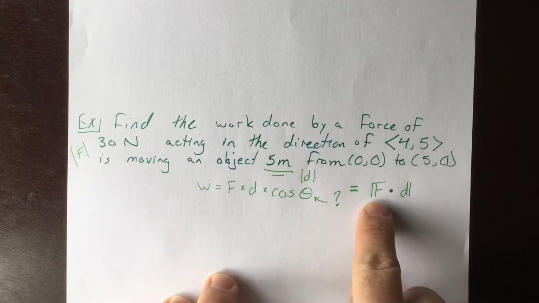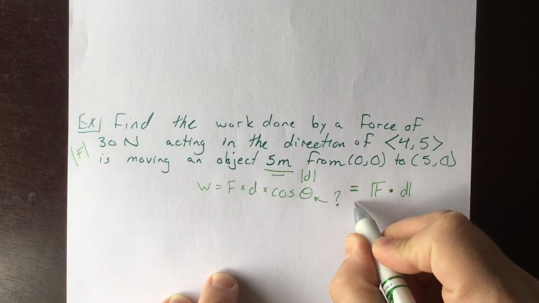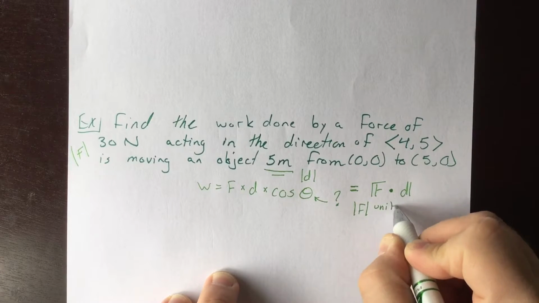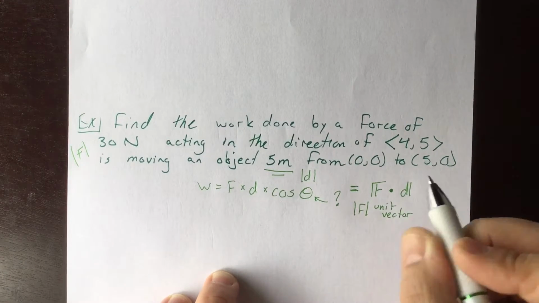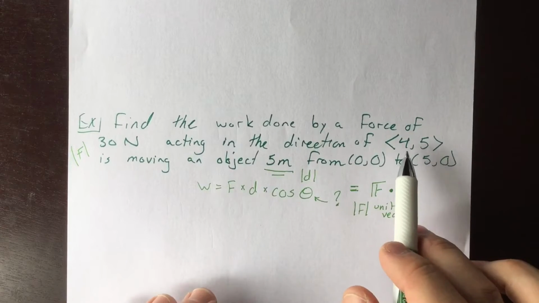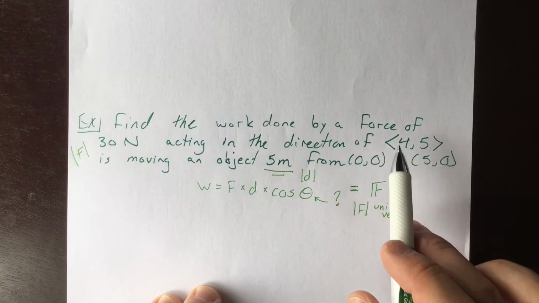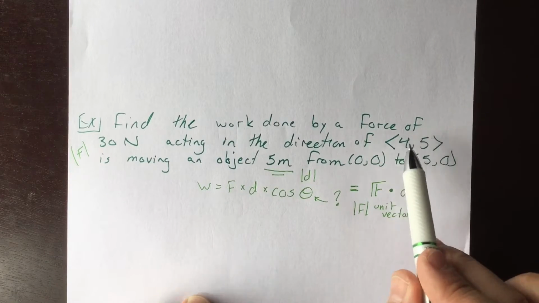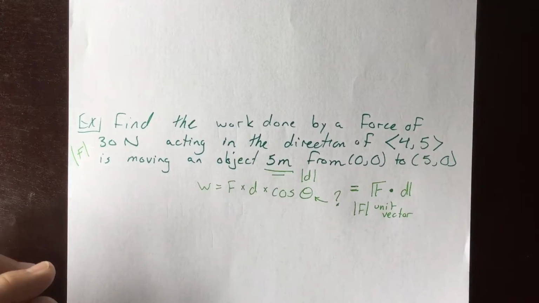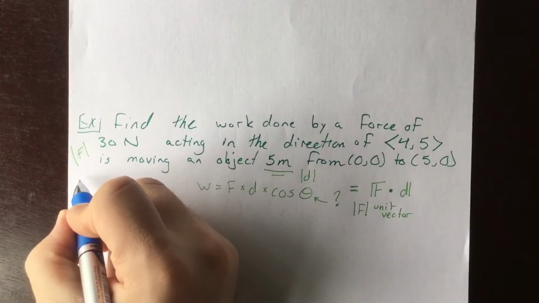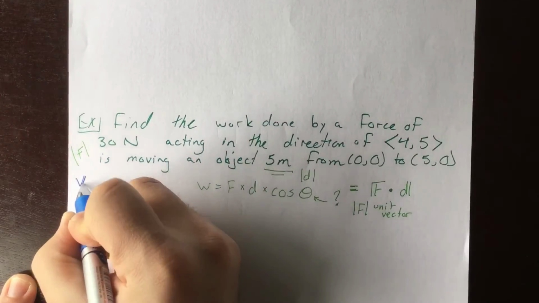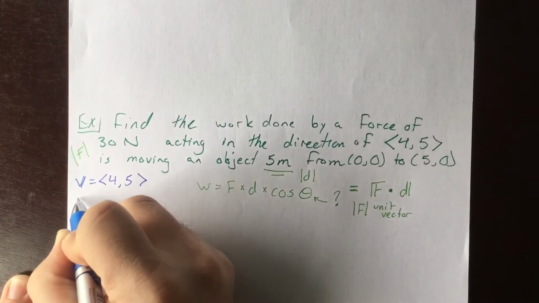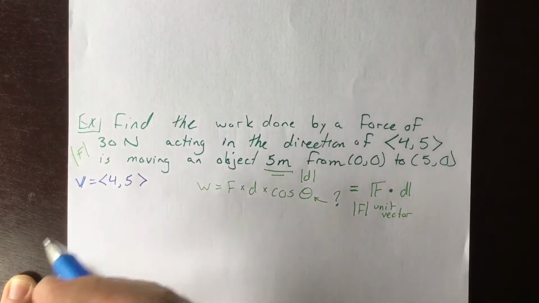The force vector, we had said, can be found by taking the magnitude of the force and multiplying it by the unit vector of the direction you desire. We desire to go in this direction, so we need to know the unit vector given this <4, 5>. Imagine this is v. For the unit vector, we take the vector and divide it by its magnitude.